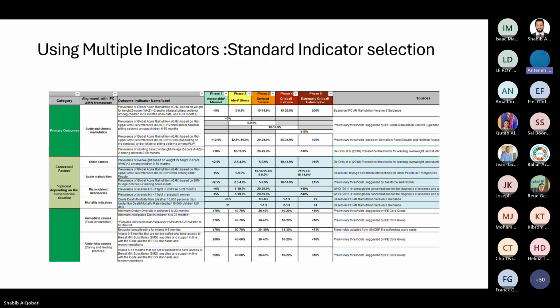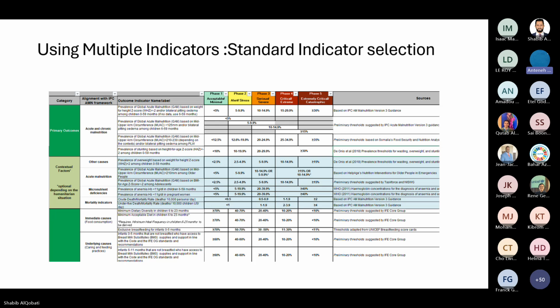So this is the reference table for standard indicator selection. What you could do is look at the GNC list of indicators, and you can look at the different severity thresholds.